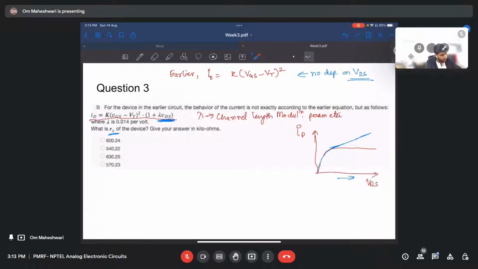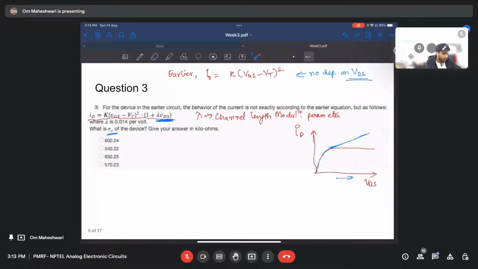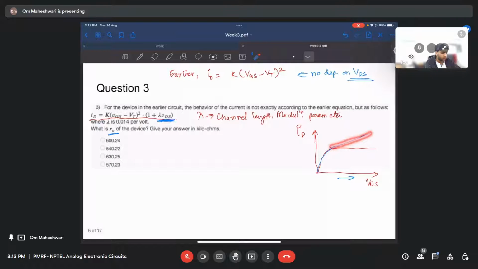R naught is related to the slope of this curve. Here the slope is 0, so R naught, which is 1 by slope, would have been infinity. But now the slope has some finite value, so 1 by slope will be something finite, and that will be R naught.